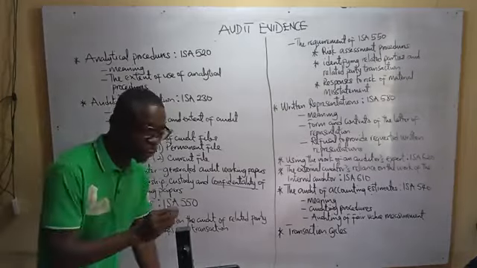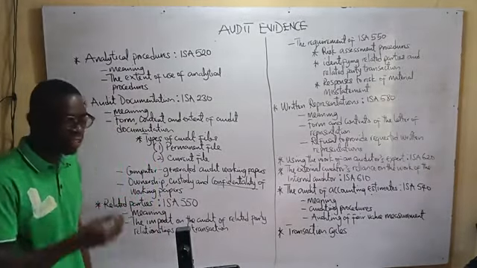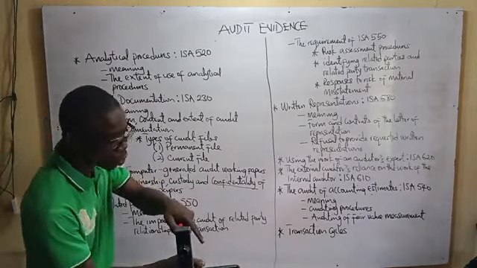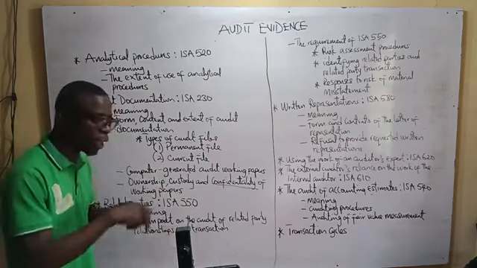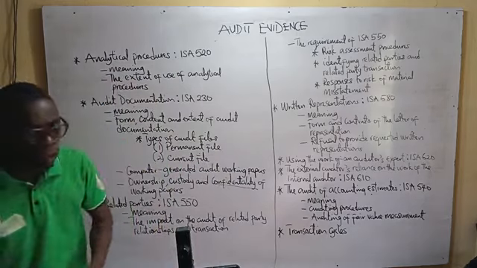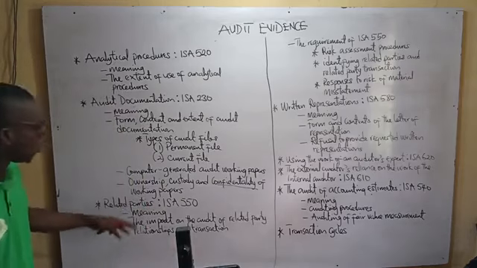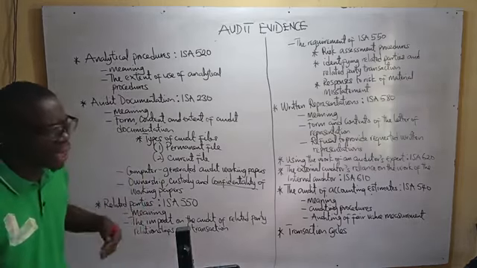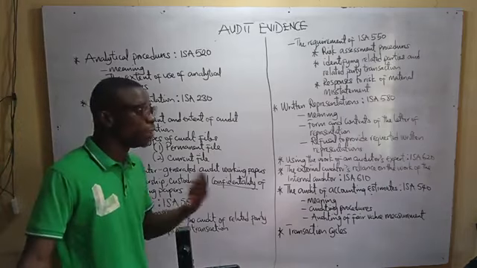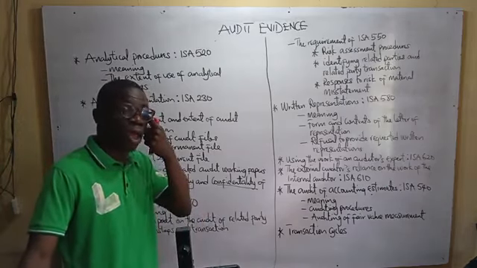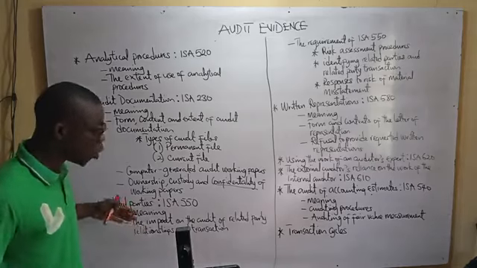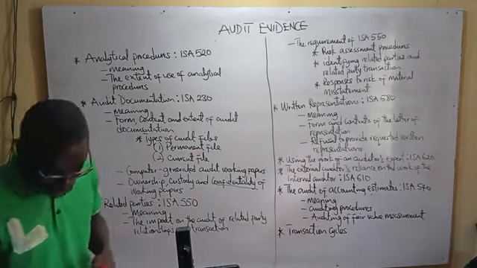That means an individual or organization that may have undue pressure or undue influence on a company, or is expected to have undue influence on a company. That's what we call a related party. So if a party, whether individual or organization, cannot influence a company, are you getting what I'm saying? It cannot be called a related party.